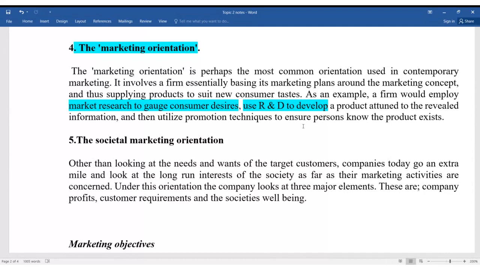And then you can also say that the company must ensure their activities are profitable and are achieved at a competitive advantage.